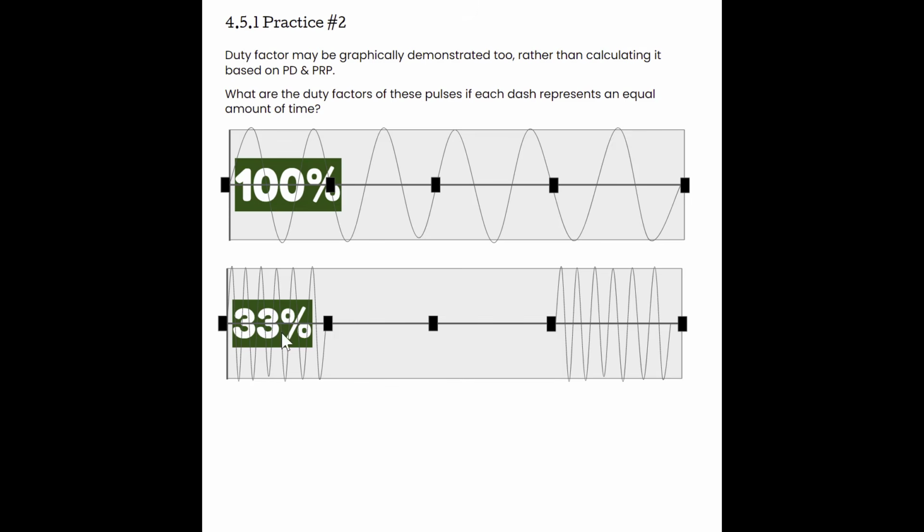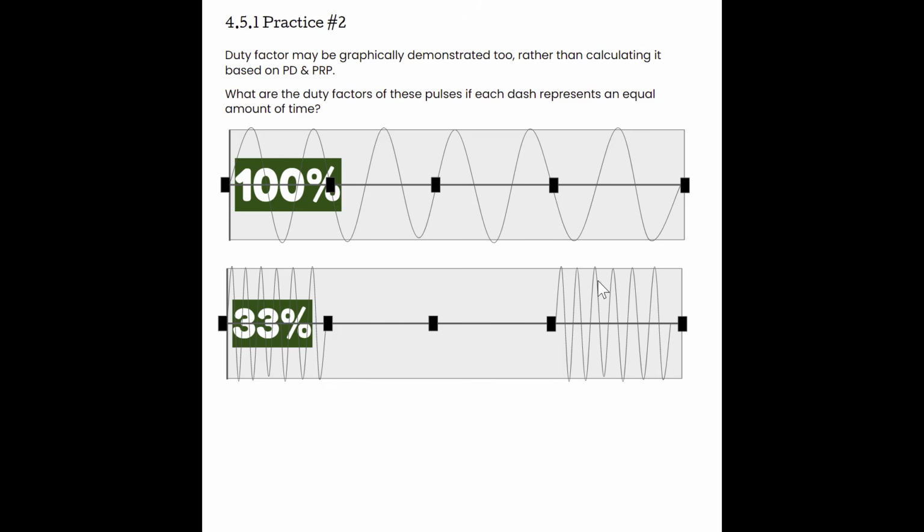They want to say there's 4 of them and somehow say that this is 25% duty factor. But that's not true. Because remember, pulse duration is the on time, and pulse repetition period is 1 unit of time, 2, 3 units of time. Start of one pulse to the start of the other pulse is the definition of the pulse repetition period.